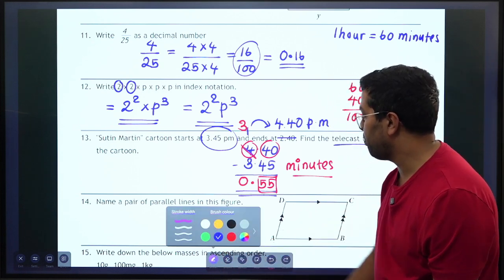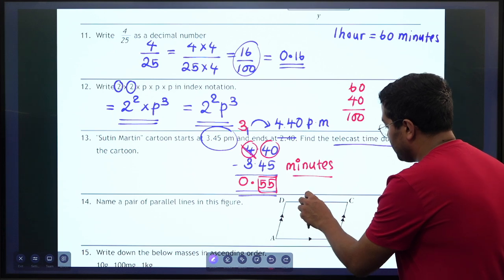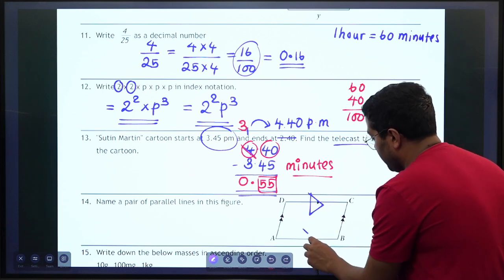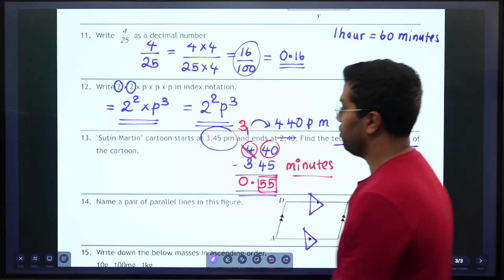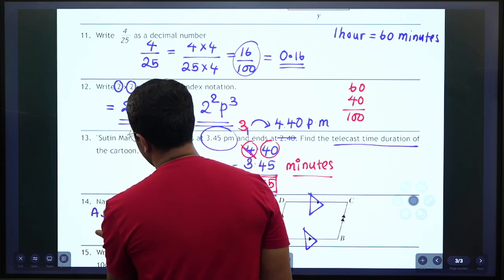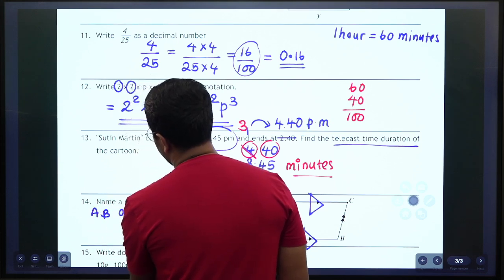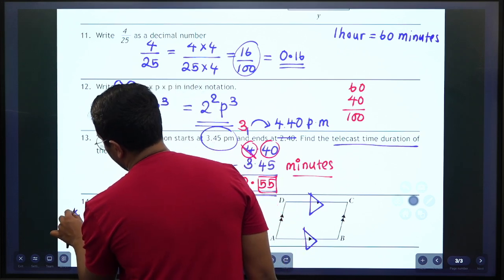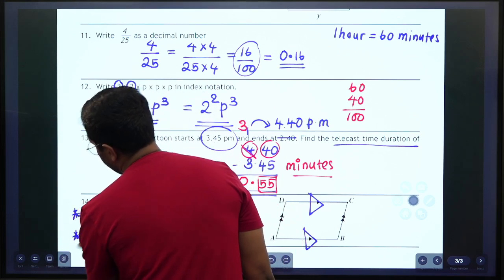Name a pair of parallel lines in the figure, the next question. So we know what parallel lines are. CD is parallel with AB. So we can say AB and CD are a pair of parallel lines. What is the other one?